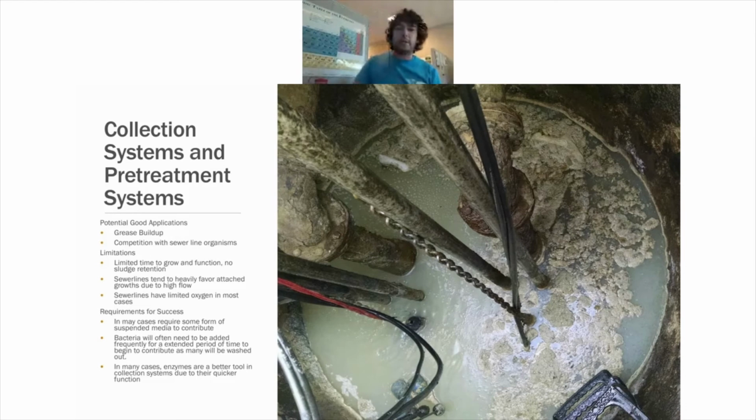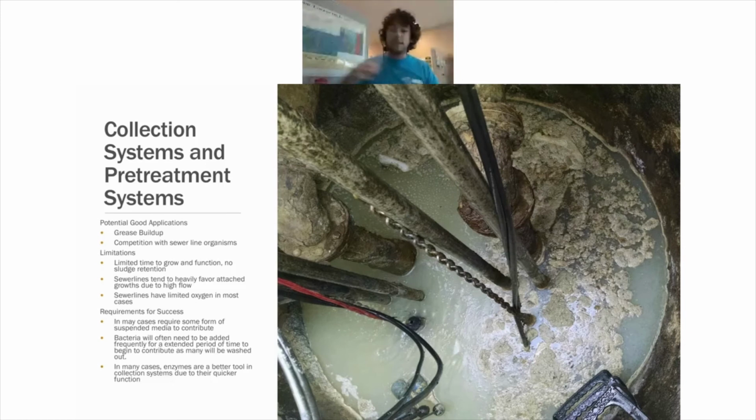Another good application of bacterial products would be a Greasezilla product, which is a biocatalyst product. It has a number of elements making it work. It's kind of our hybrid between enzyme and bacterial products. But its bacteria have time to work for a simple reason, and that's because we are spraying it directly on top of grease in a lift station in ideal circumstances.